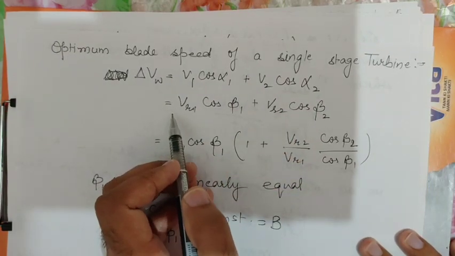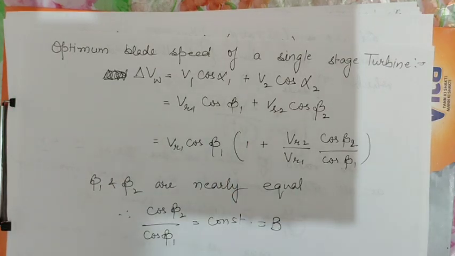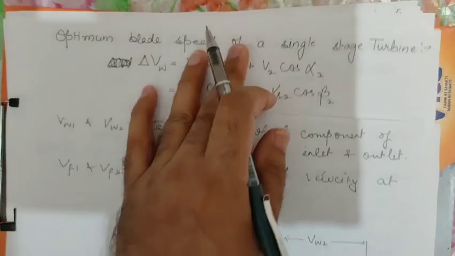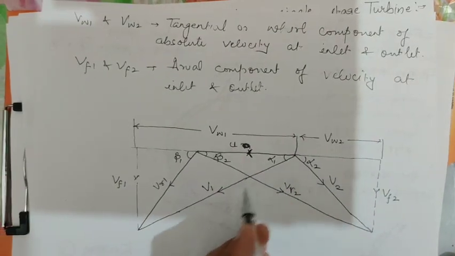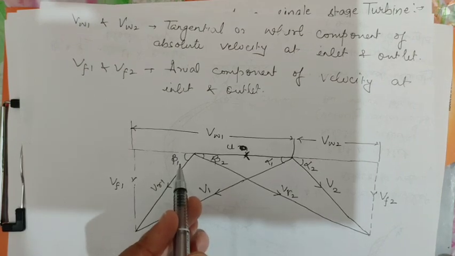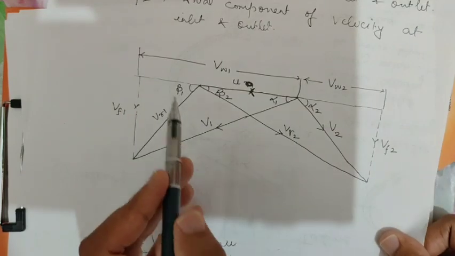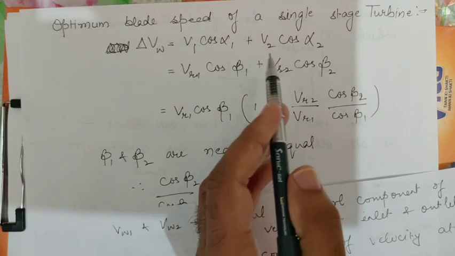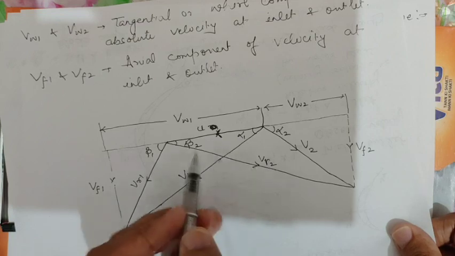From the velocity diagram, trigonometrically, we can write V1 cos alpha 1 as Vr1 cos beta 1 from this triangle, and V2 cos alpha 2 as Vr2 cos beta 2.